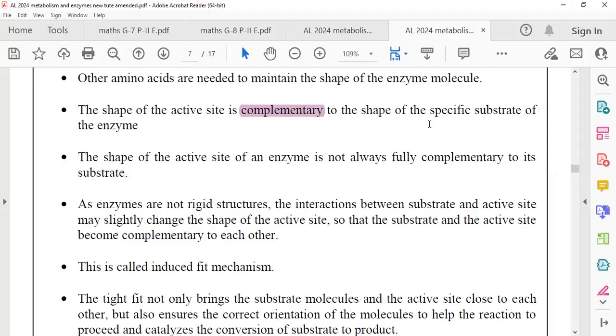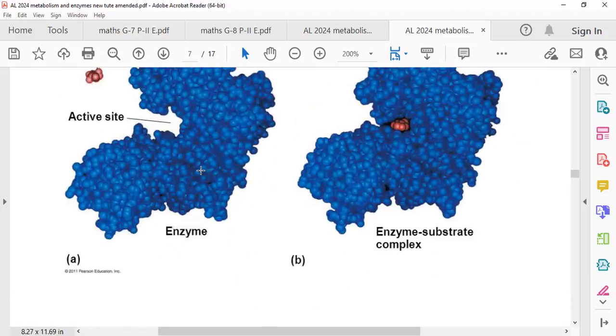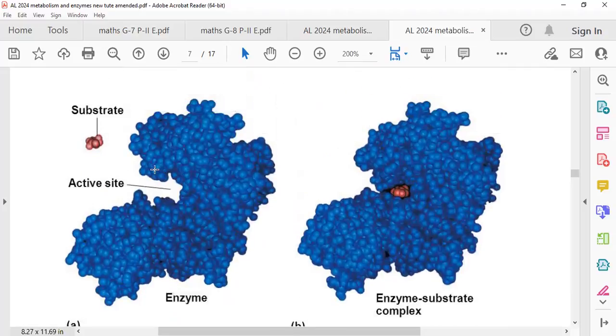Understood? Do you understand the word complementary? Yes, sir. They are matching, complementary. One is filling the other. But in that filling, there's a small adjustment. Look at this diagram. Can you see the active site? Yes, sir. Can you see the substrate? Yes, sir.